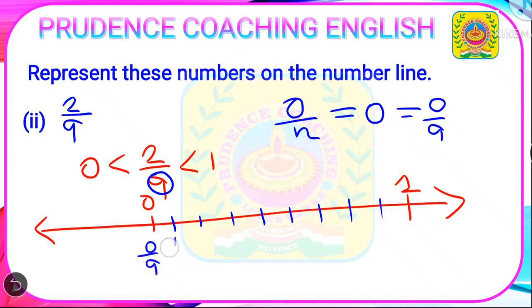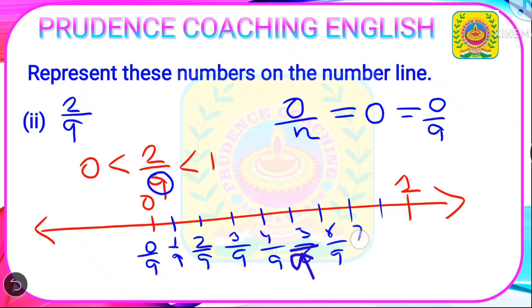Next one will be 1 by 9, next will be 2 by 9, next one will be 3 by 9, and it will go on like this: 4 by 9, 5 by 9, 6 by 9, 7 by 9, 8 by 9, and lastly 1 will be represented as 9 by 9.